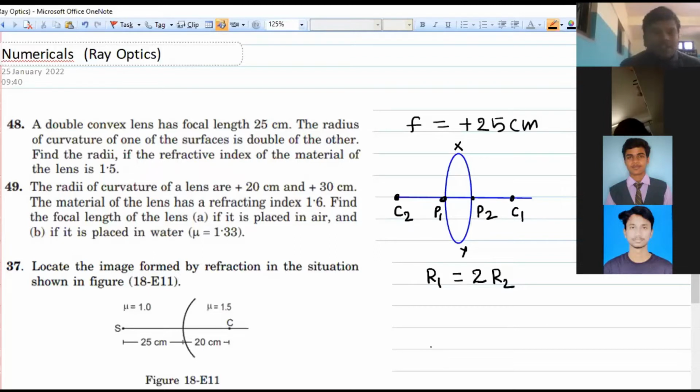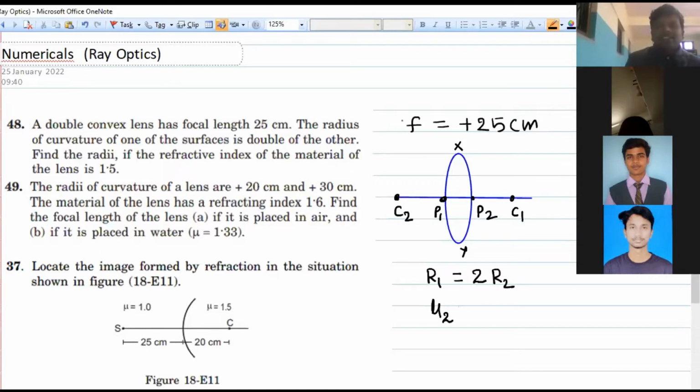A double convex lens has a focal length 25 centimeter. We have taken the radius of curvature of one of the surfaces double of the other. So I have taken R1 is equal to 2R2. If the refractive index of the material of the lens is 1.5, find the radii. This radii we need to find out. The refractive index of the material of the lens, we are representing by symbol mu2, it is given 1.5.